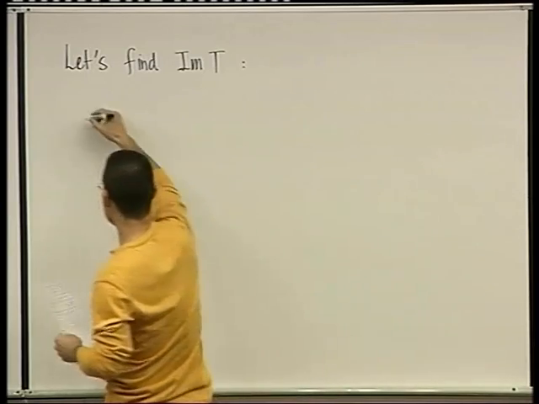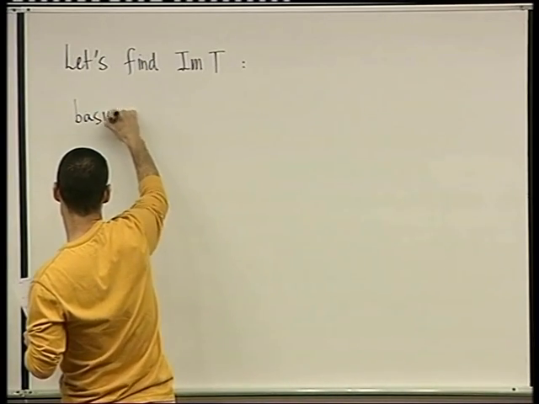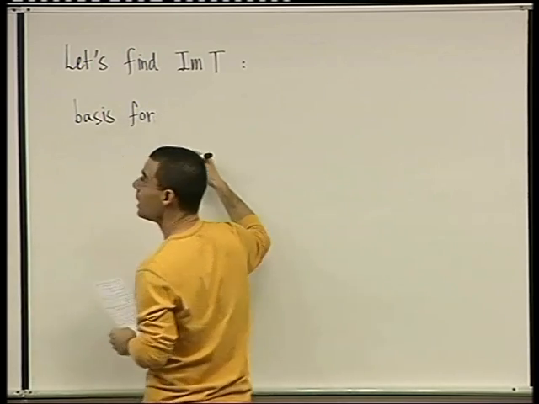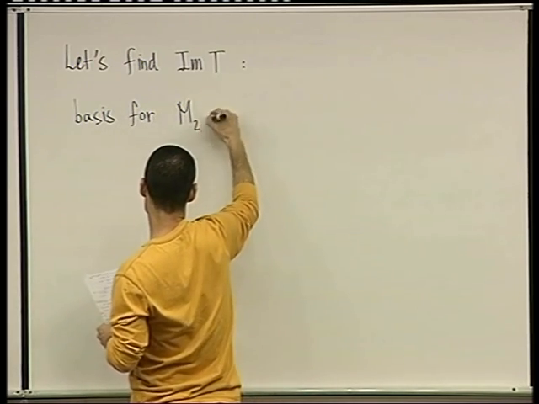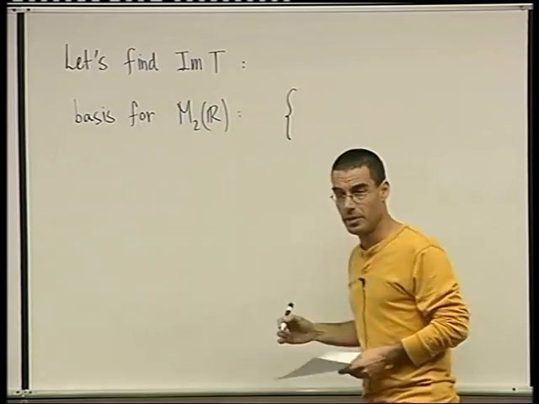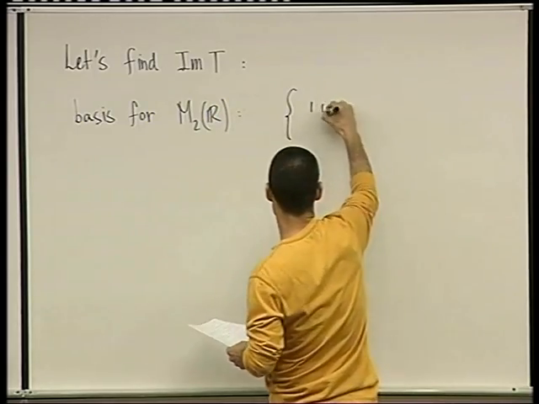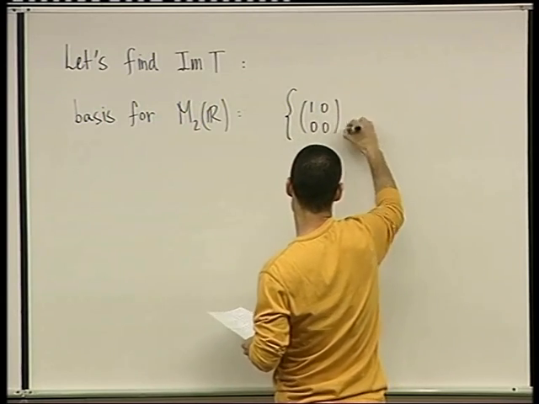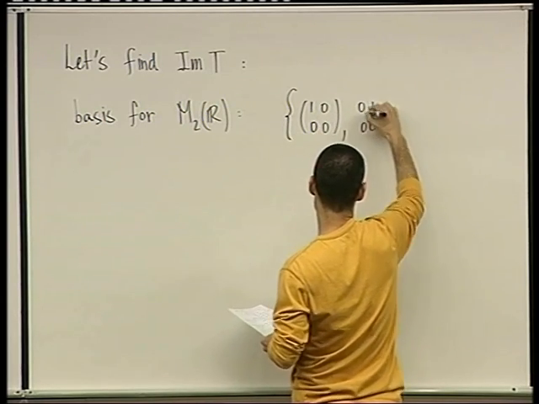So, here's a basis for the domain, M2 of R. I'm just going to take the standard basis that I know well: 1, 0, 0, 0, 0, 1, 0, 0.